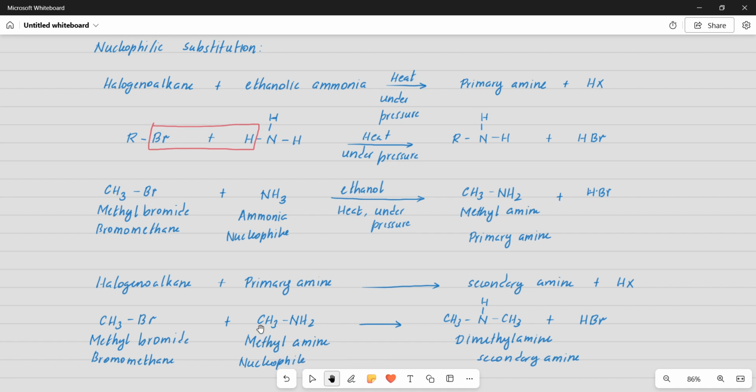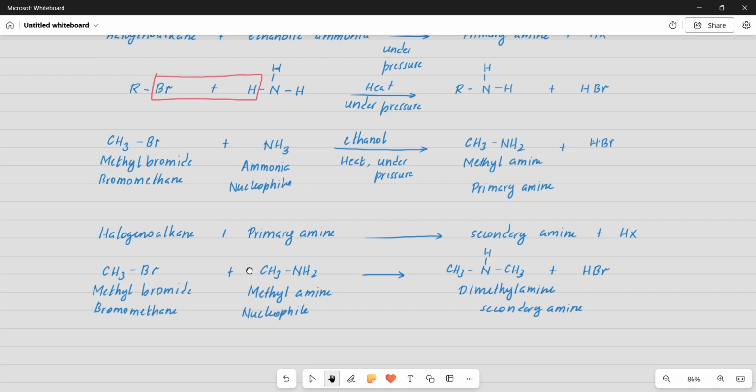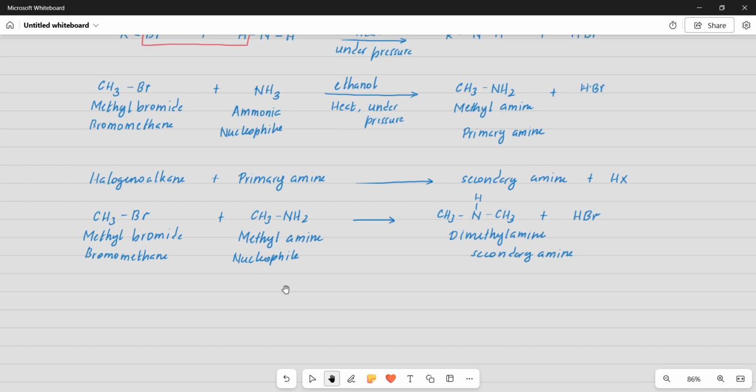These are the two reactions which give primary amine and secondary amine.